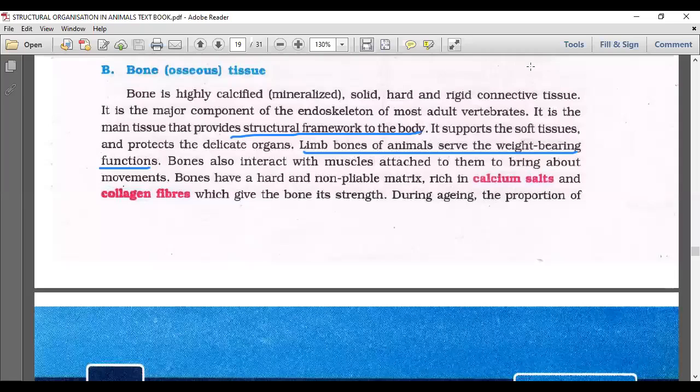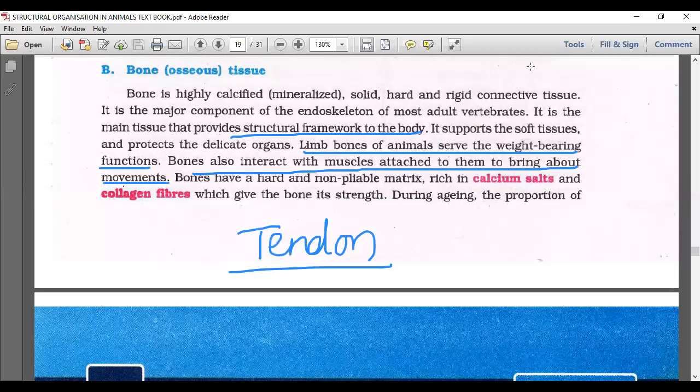Bones also interact with the muscles attached to them to bring out movement, through the tendons, the connection between the bone and the skeletal muscle. Bones have a hard, non-pliable matrix, rich in calcium salts, particularly calcium phosphate, and collagen fiber, which give the bone its strength.